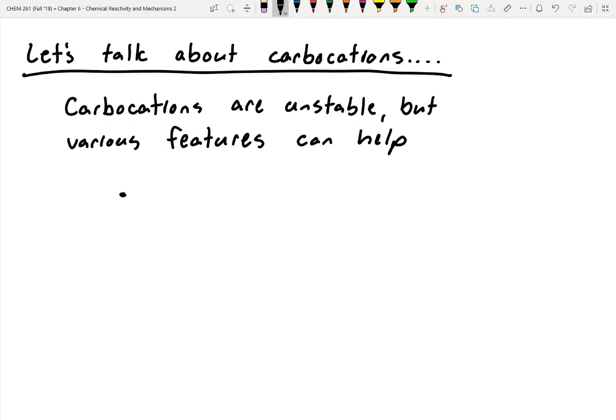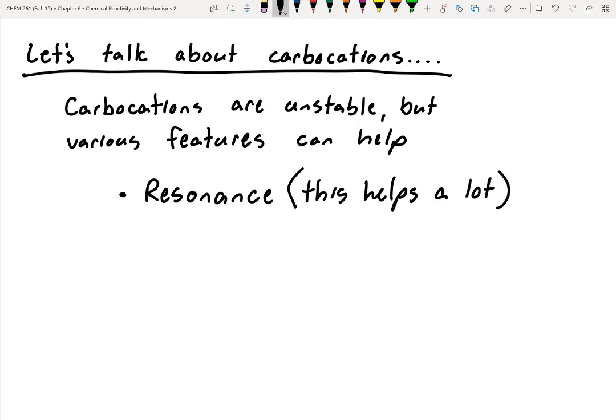Resonance. This helps a lot. Why does resonance help a lot if you have a positive charge? Spreads it out, right? So you're not forcing the positive charge to live on any one specific atom. You can move it around using resonance, right? So that's really helpful. The second one is one we haven't seen. This helps a little.